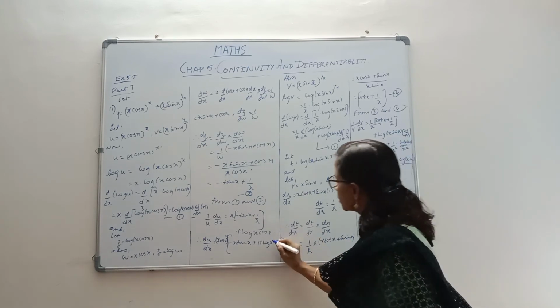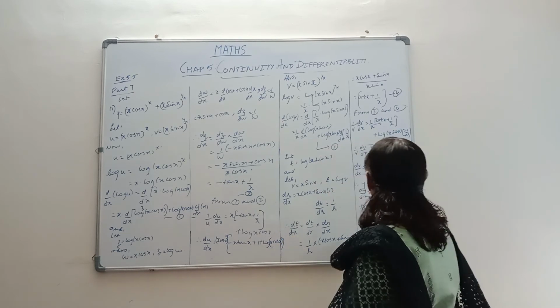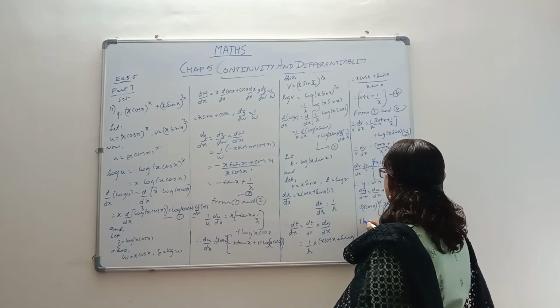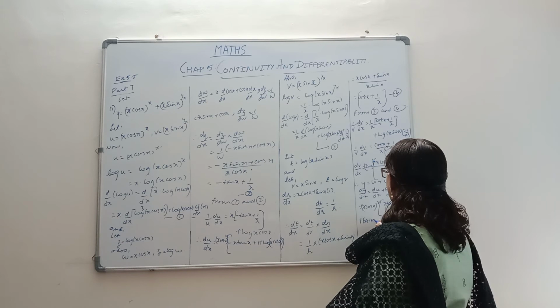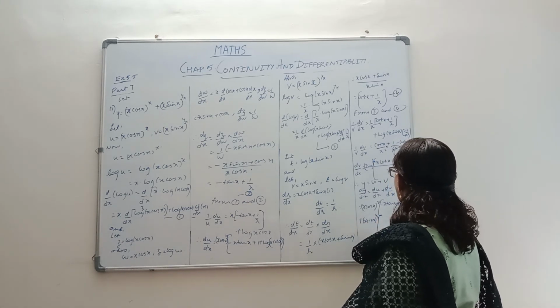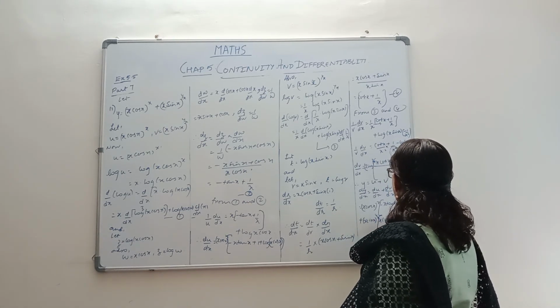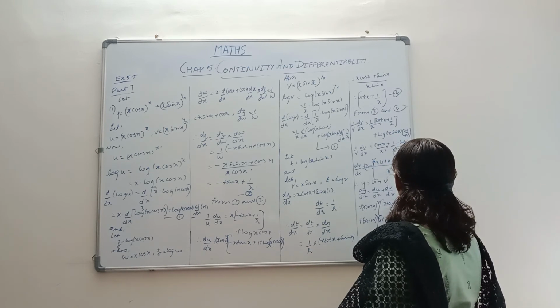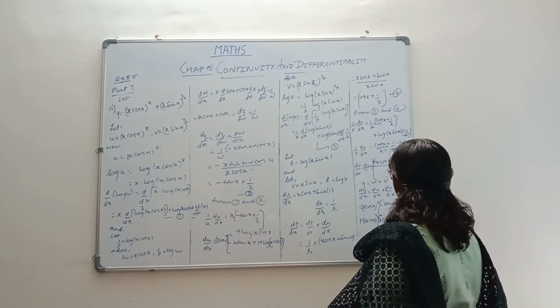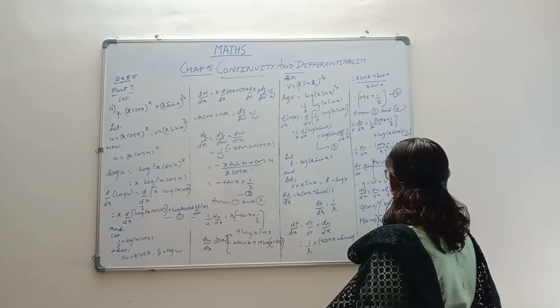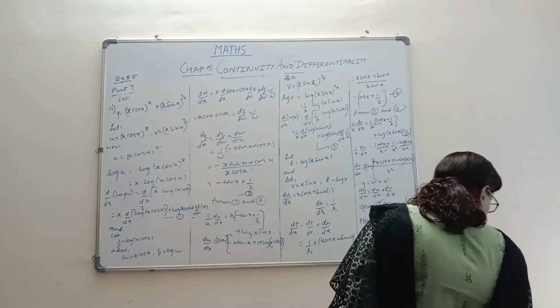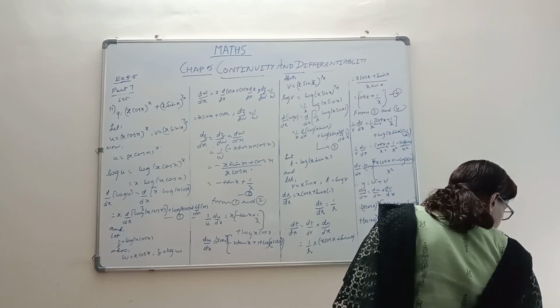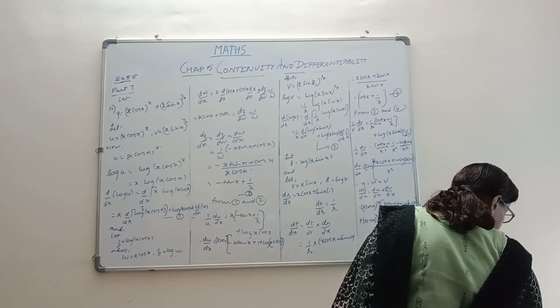Let's write it properly, there should be that bracket. And here it is x sin x raised to 1 by x into x cot x plus 1 minus log x sin x whole by x squared. So that's the huge thing that you get there.